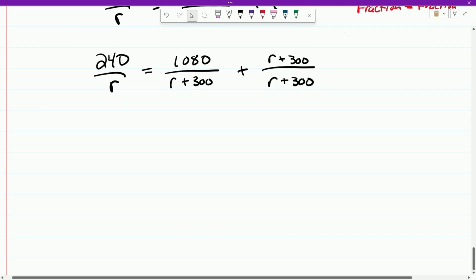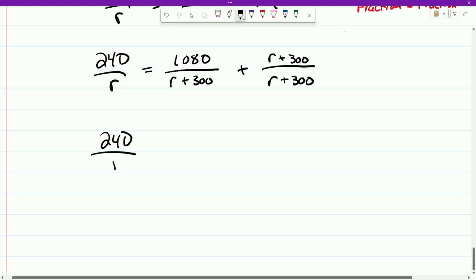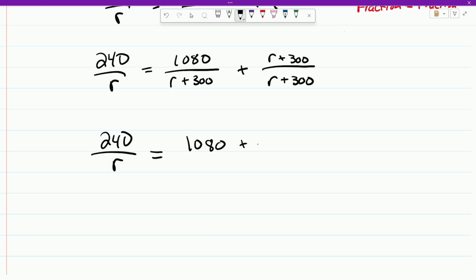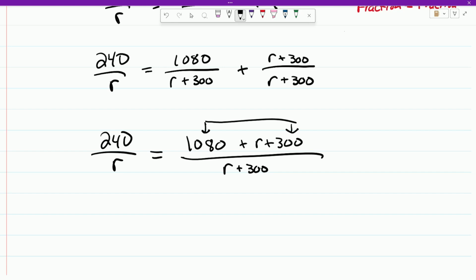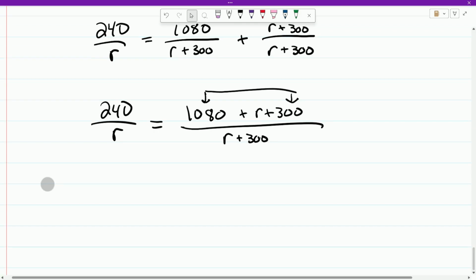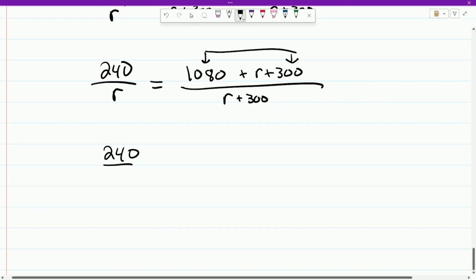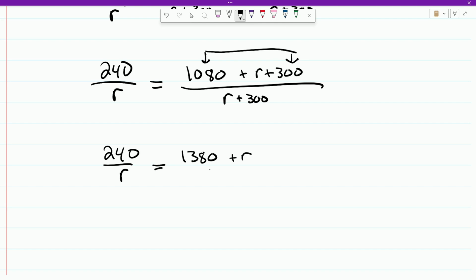So then I can rewrite my problem as 240 over r equals 1080 plus r plus 300 over r plus 300. And yes, we are going to group those two things together there. So that's going to give me 240 over r equals, let's see here, 1080 plus 300 is 1380 plus r over r plus 300.